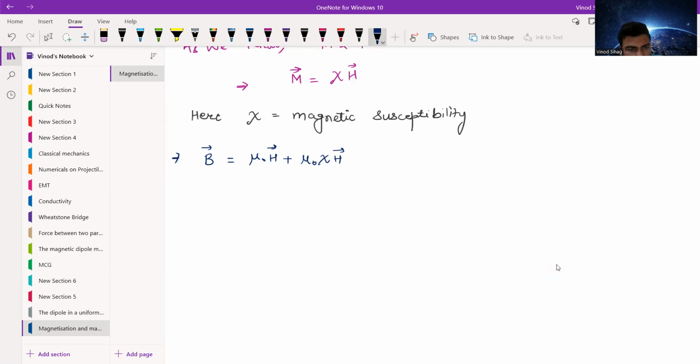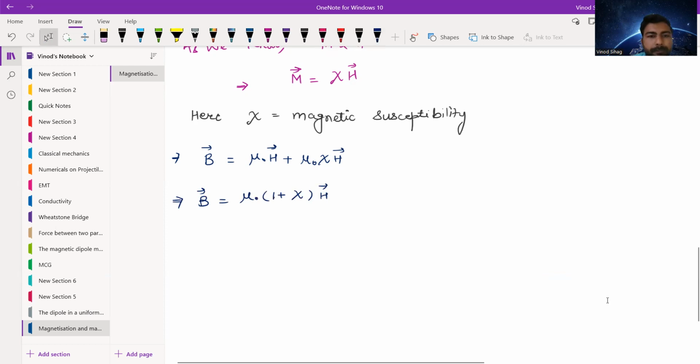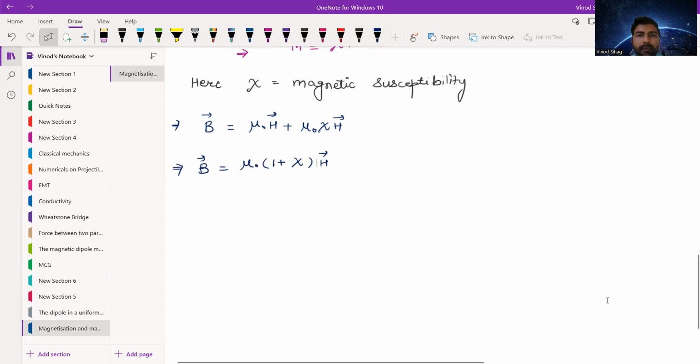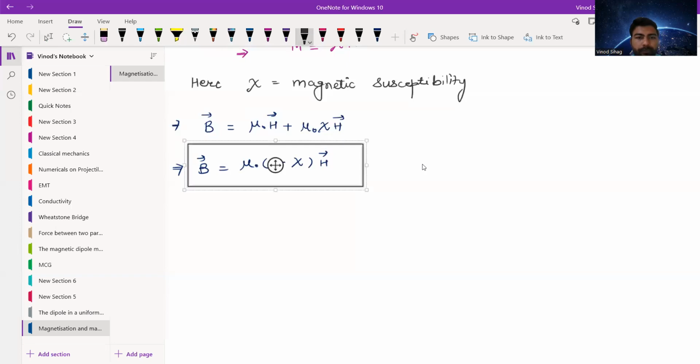So the equation becomes B vector equals mu naught times (1 plus chi) into H vector. Remember that this equation is valid when the medium inside the solenoid is vacuum, where mu naught is the permeability of the vacuum.